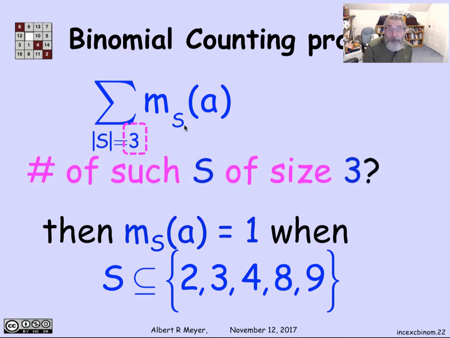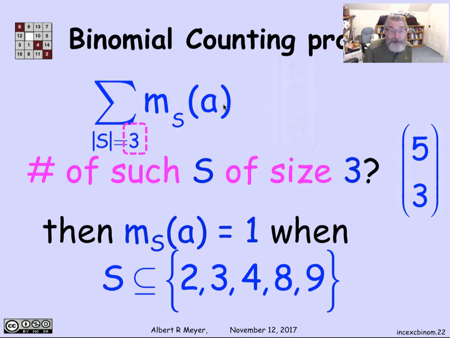And basically what I want to know is how many s's of size 3 are there, because every one of these s's of size 3 is going to contribute a 1 for the a. So the number of s's of size 3 is going to be the size of m sub s of a for that a. Okay. Well, there are 5 choose 3 such subsets.